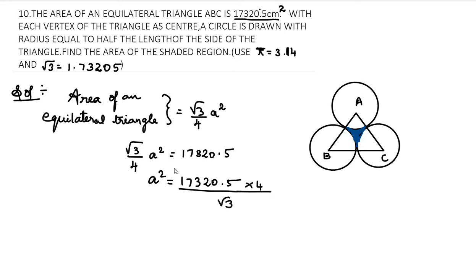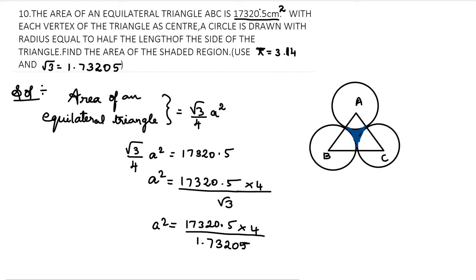So instead of root 3, I can use 1.73205. So 17,320.5 into 4 by 1.73205. When I multiply, see how many digits are there: 1 2 3 4 5.